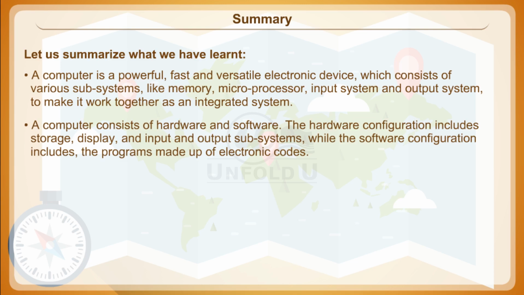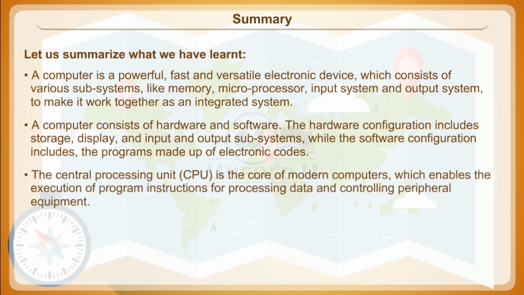The hardware configuration includes storage, display, and input and output subsystems, while the software configuration includes the programs made up of electronic codes. The Central Processing Unit (CPU) is the core of modern computers, which enables the execution of program instructions for processing data and controlling peripheral equipment.